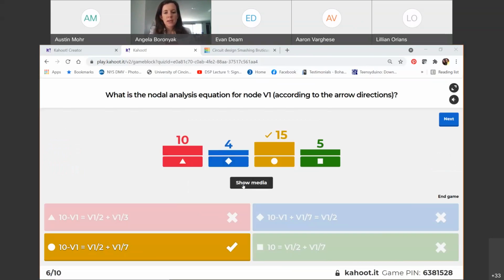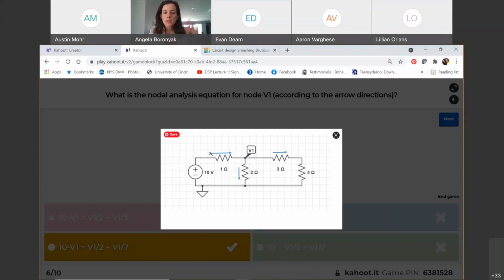Okay, most people at least get this one. So when I do nodal analysis, I look at current entering equals current leaving. This one's entering, these two are leaving based on my arrows. I have to write them as a change in voltage over resistance, again, based on the arrow direction. This one starts at 10 volts, goes to V1, so 10 minus V1 over 1 ohm, which is just 1.